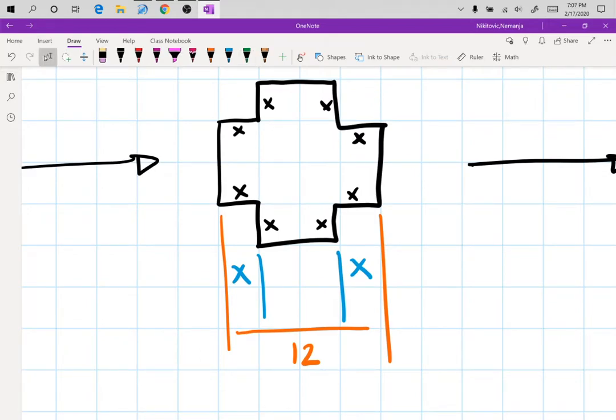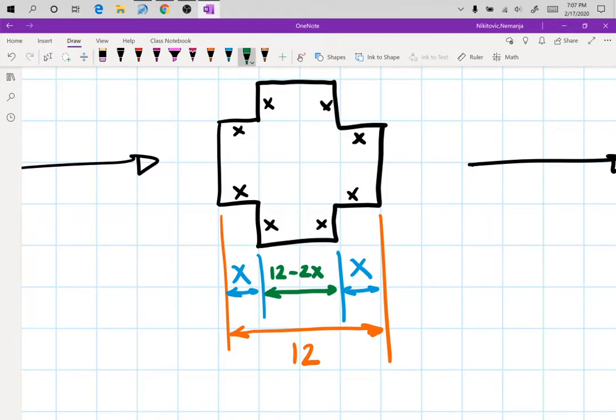So if the whole thing is 12 and these small pieces are x each, which we don't know how much they are, but that's how much we're cutting off, how much is left in the middle over here? 12 minus 2x. Beautiful. 12 minus 2x, because look, this x plus x is 2x.